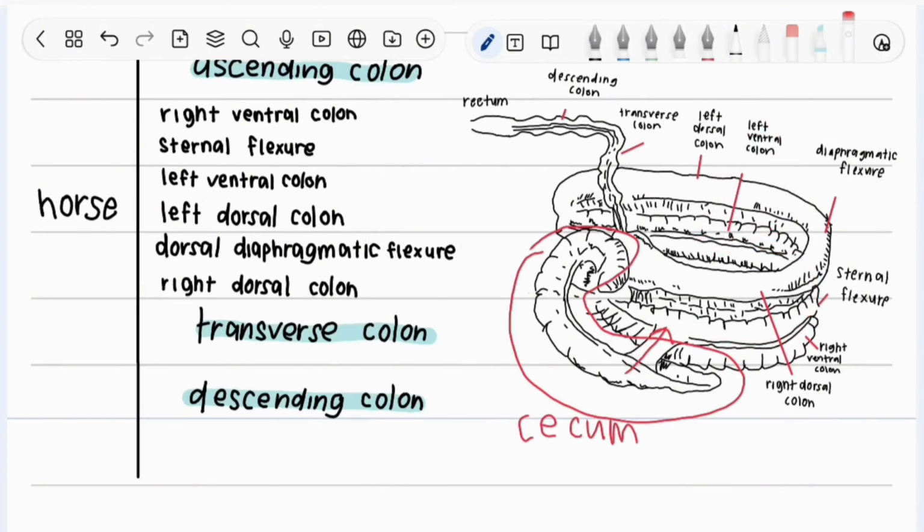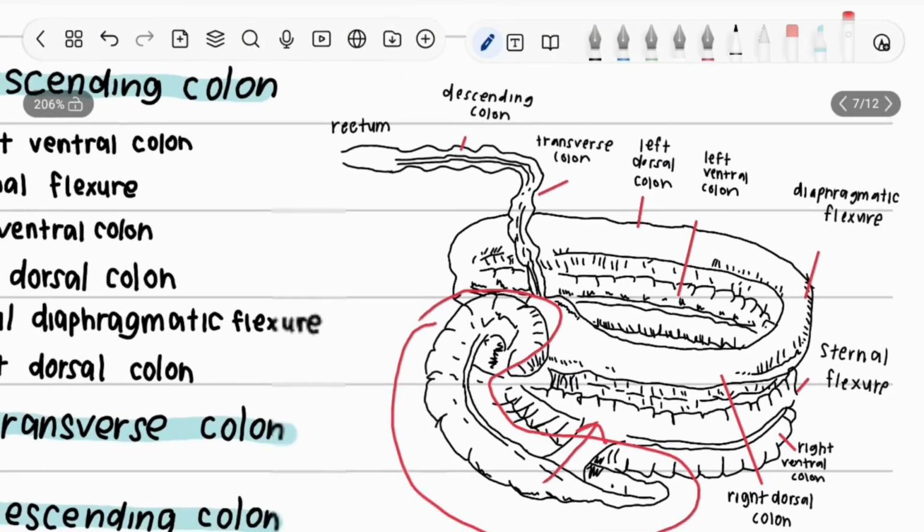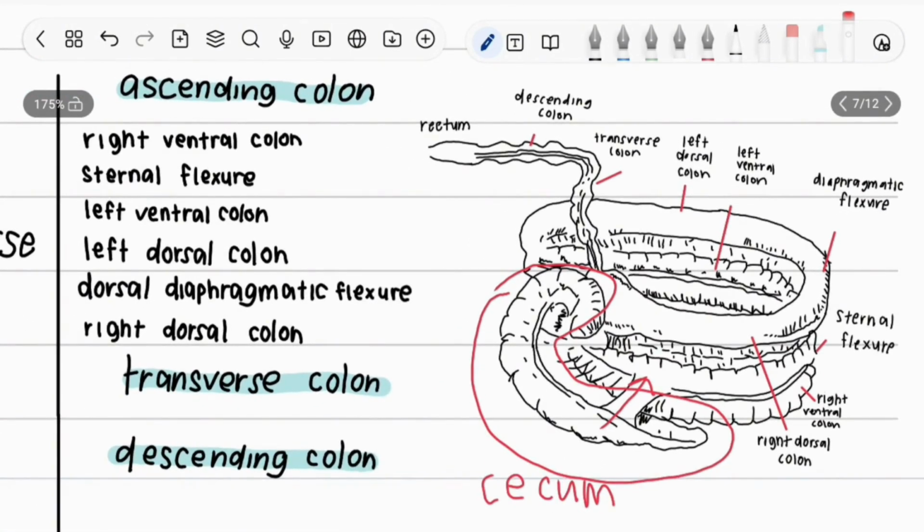And next, the left dorsal colon. After here, we go upward. So this is the left dorsal colon. And next, the diaphragmatic flexure. This is another curve, the diaphragmatic flexure, because it's beside the diaphragm, so that's why the name is diaphragmatic. The next is the right dorsal colon.